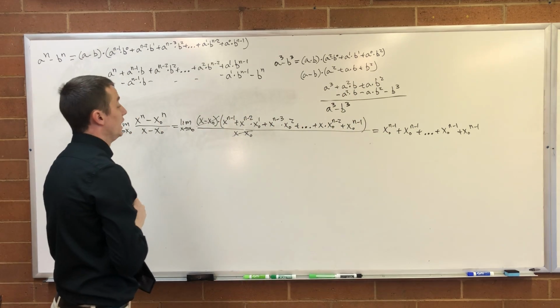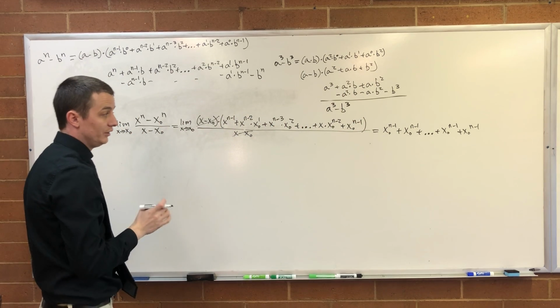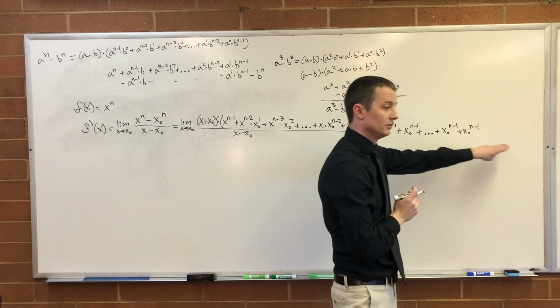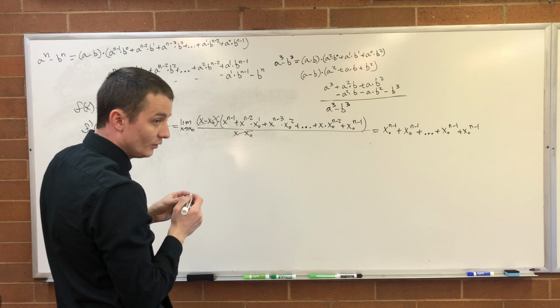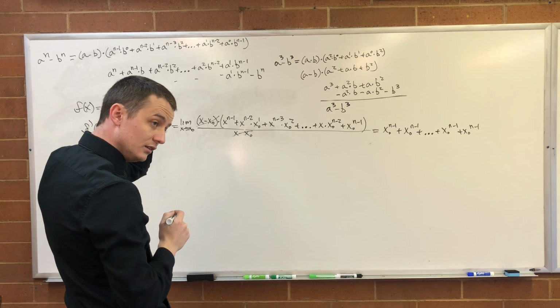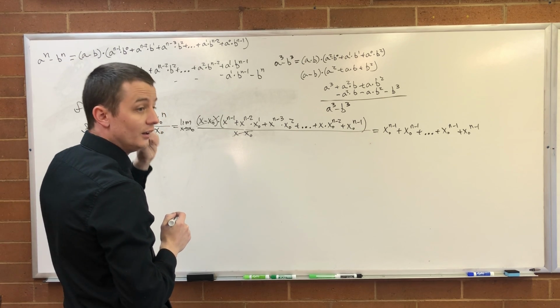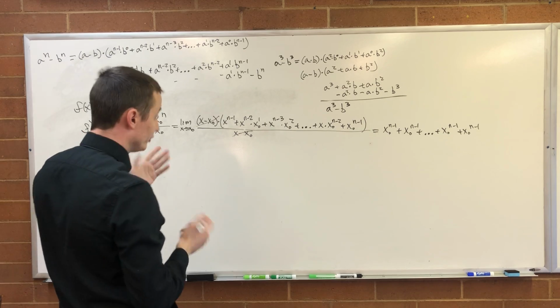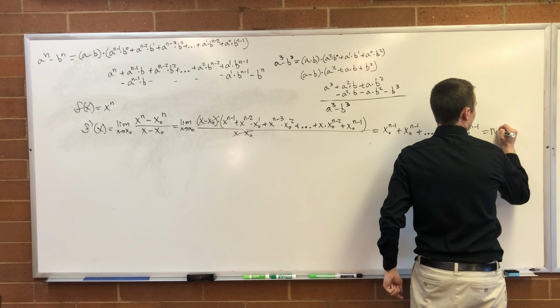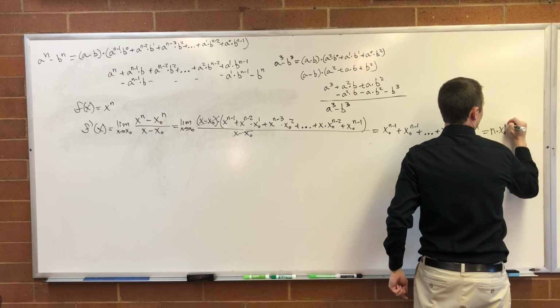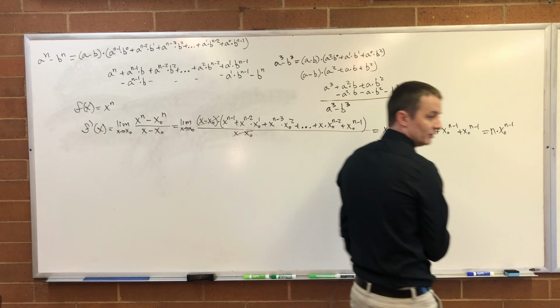Okay. So now the last question is, how many of these terms are there? How many? n, right? There's n terms. So this is equal to n times x naught to the n minus 1.